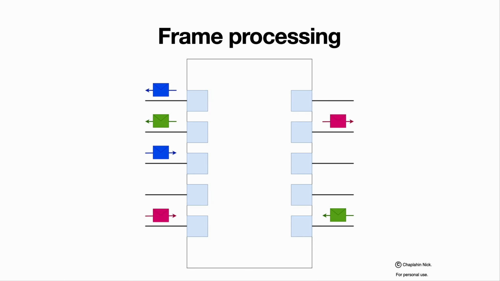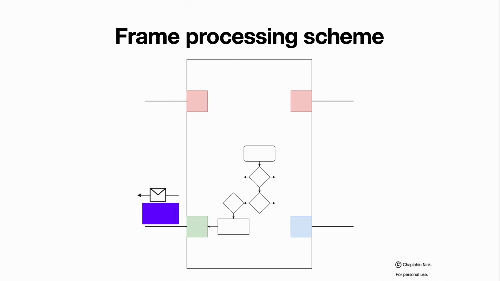Frame processing is a set of operations that a device makes with a received packet to decide where this packet should be sent to and in which form. In other words, if you remember, we already talked about that.